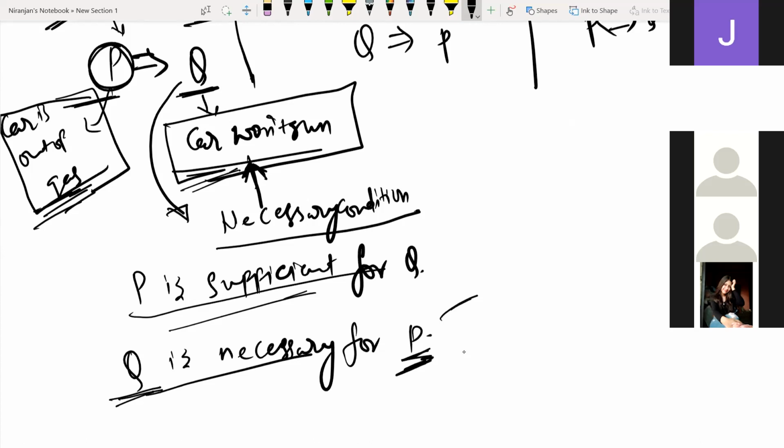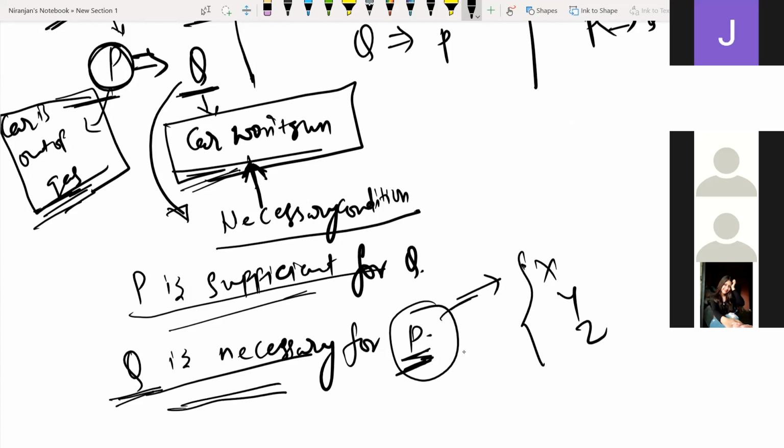That's why I'm saying that Q is not happening. Look at the statement again. When you say that Q is necessary for P, there could be other reasons besides P, right? X, Y, Z. I don't care about them. I really don't. I just care that because Q is necessary for P, to make P happen, Q is necessary. Because can you say that your car is not running, and can you say that your car is out of gas?